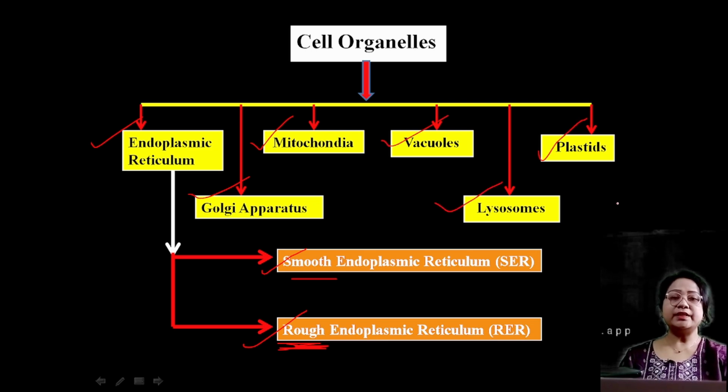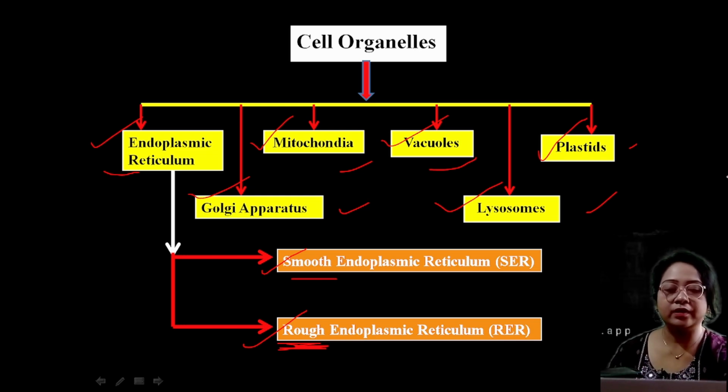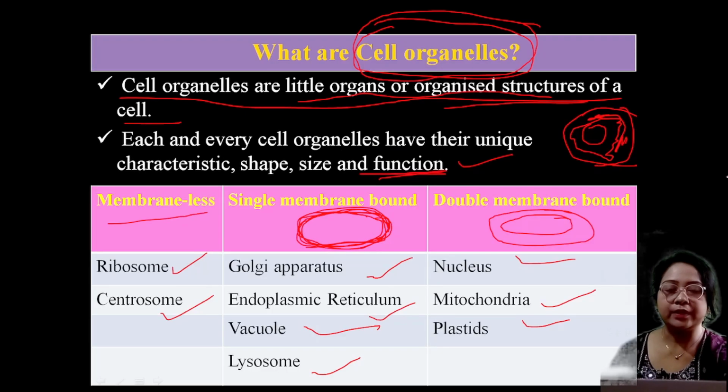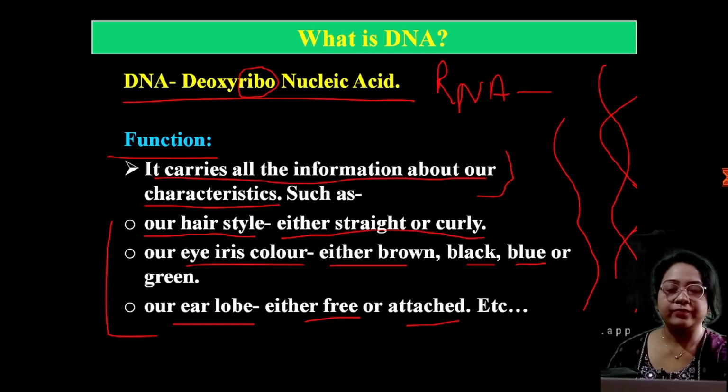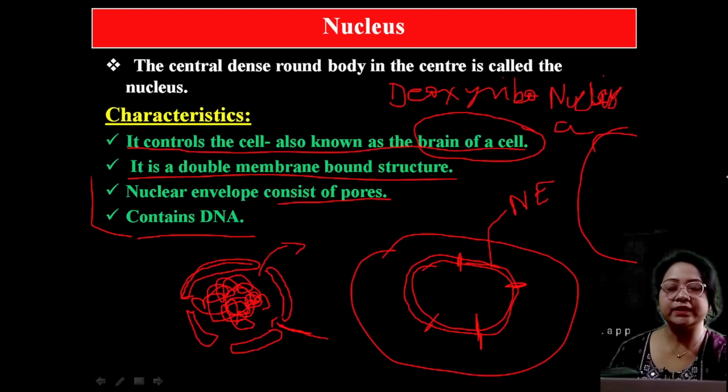The functions and characteristics of these we are going to study in the next video, so stay tuned. Again we are going to review the topics that we discussed today, from the beginning. We studied about the nucleus.